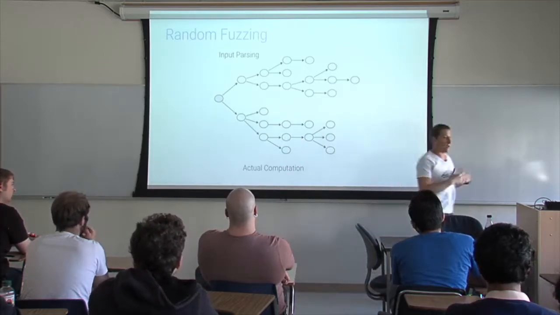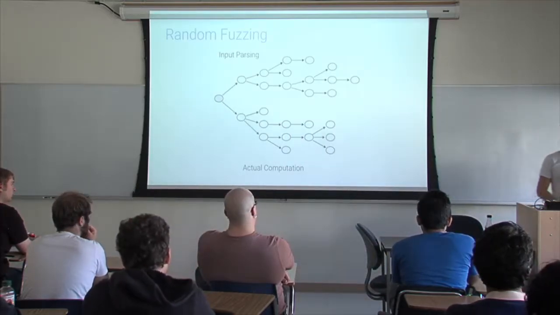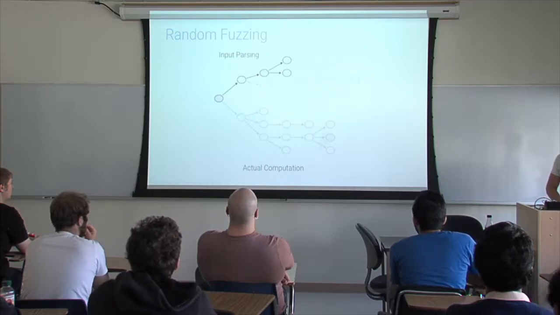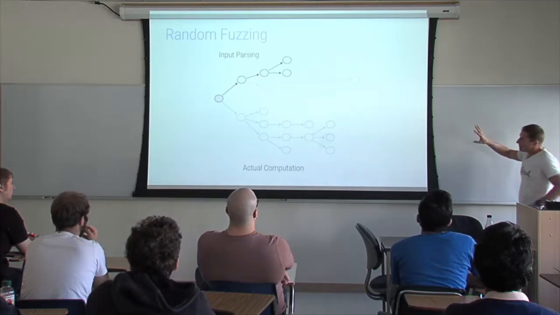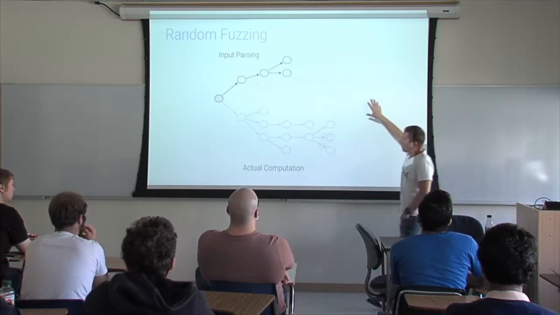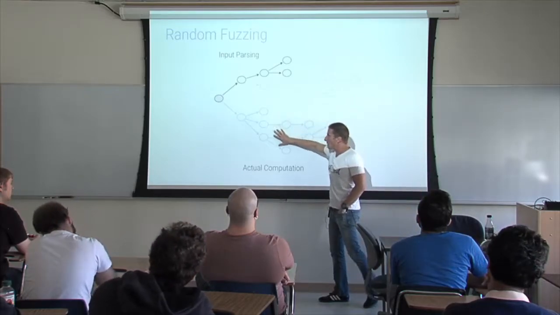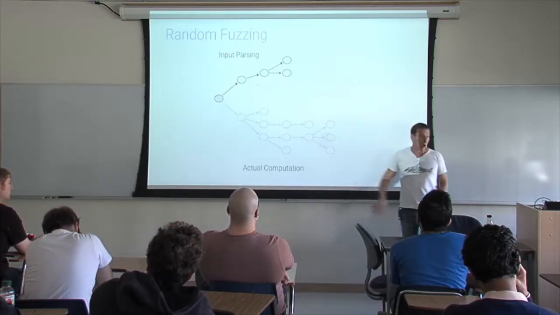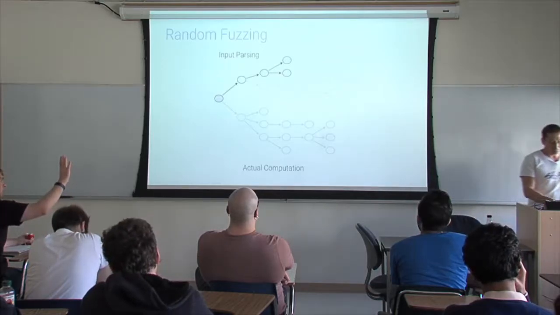For example, there is the rendering of an image. And so with random fuzzing, fundamentally, you stay in that input parsing area of the computation, and you do not reach the other parts, which is where the good stuff is.